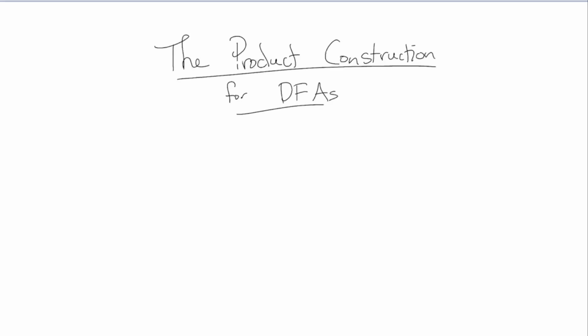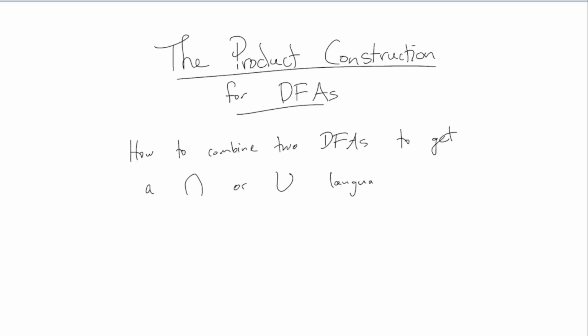The product construction for DFAs. The point of this is it's how to combine two DFAs to get, I will say, an intersection or union language. Those are the intersection and the union sign.